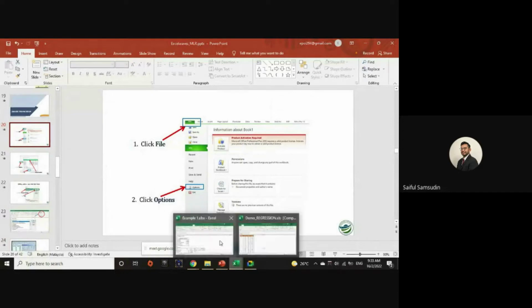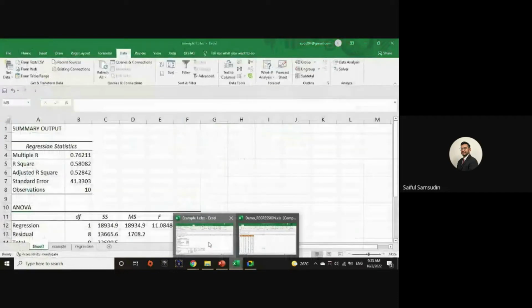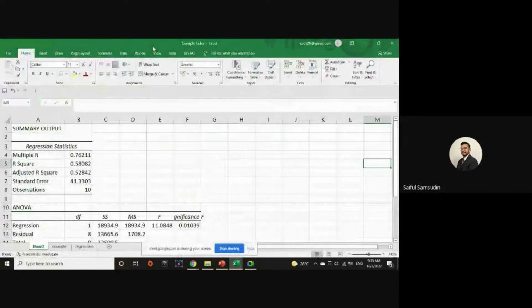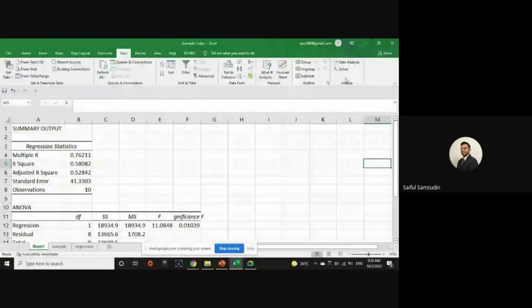First, if you don't have the data analysis tab, you can see here you don't have this one. So how to activate this tab?